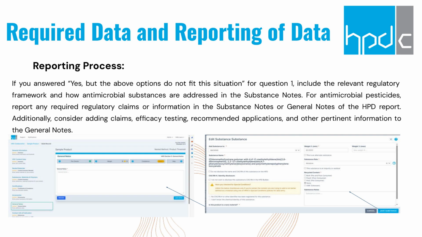The Substance Notes section will provide additional details including registration numbers and regulatory claims to ensure transparency and compliance. The General Notes section will highlight the importance of including supplementary information such as efficacy testing or recommended applications for thorough reporting. A picture indicating where the Substance Notes and General Notes should be placed in the repository is included below.